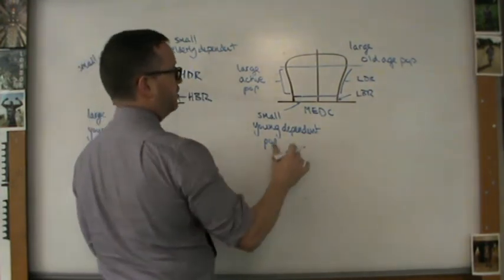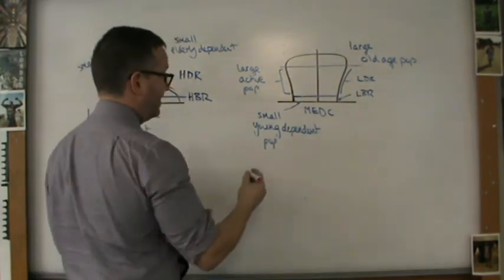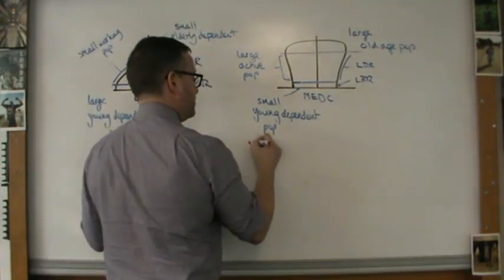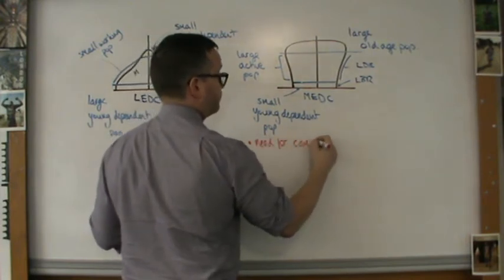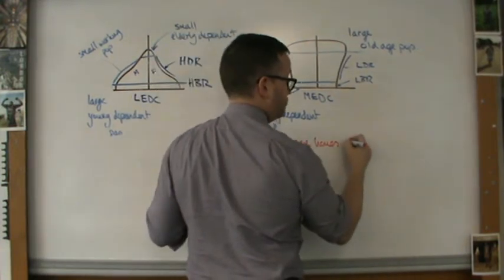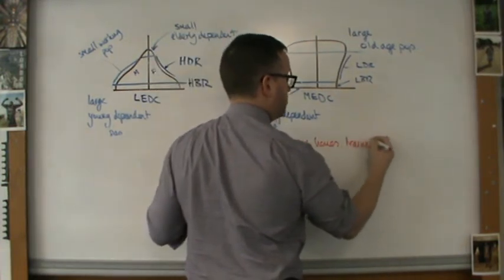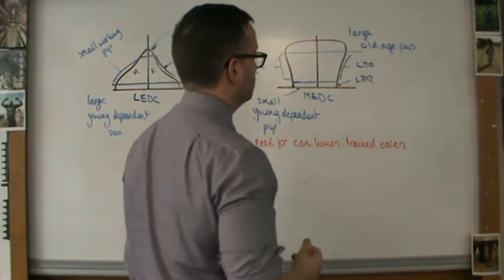Their problems are more linked to the large number of old people that they have. The old dependent population is very high. So there is a need for care homes and trained carers or geriatric nurses.